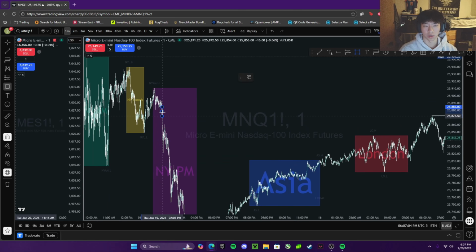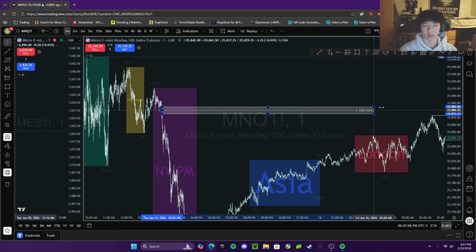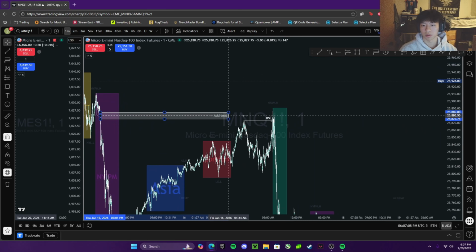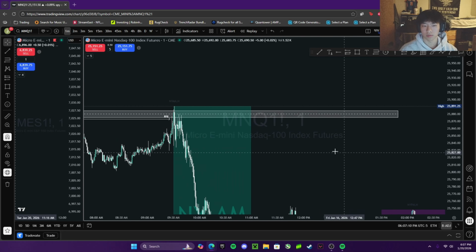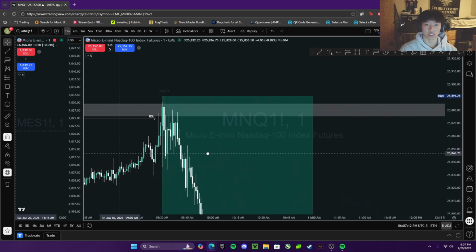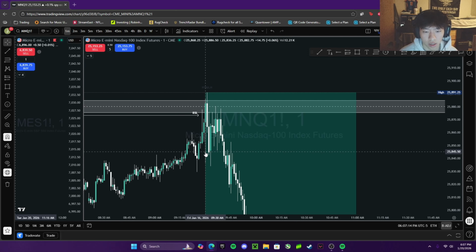And I believe there was also a 15-minute fair value gap here as well. Okay, so this is just a little bit before 9:30, but you can see right here on this 9:30 candle, we get this rally into this fair value gap. We're respecting it. We're not closing above, and we lose momentum towards the upside.